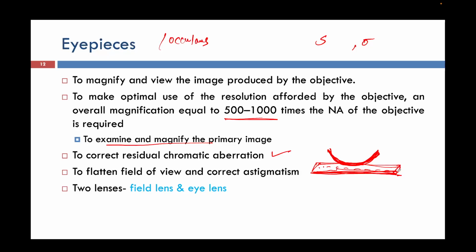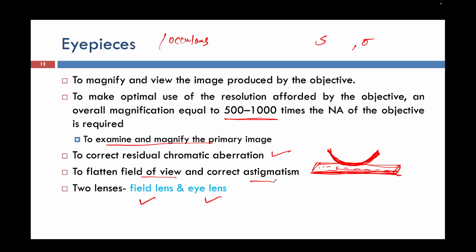There are two types of lenses: one is the field lens, another is the eye lens. The details of these are not in the scope of this course, so I'm not going to explain them, but for your knowledge you have to remember there are two types of eyepieces. In some cases the eyepiece is also used to flatten the field of view and correct the astigmatism.